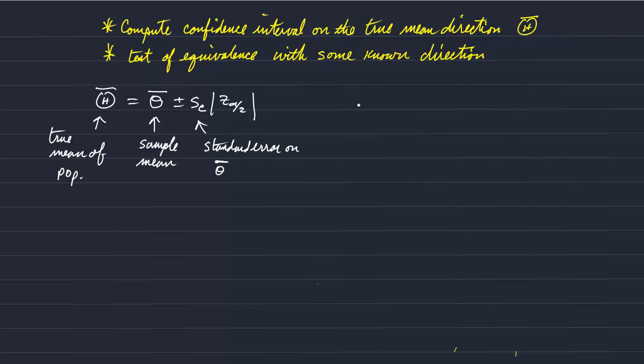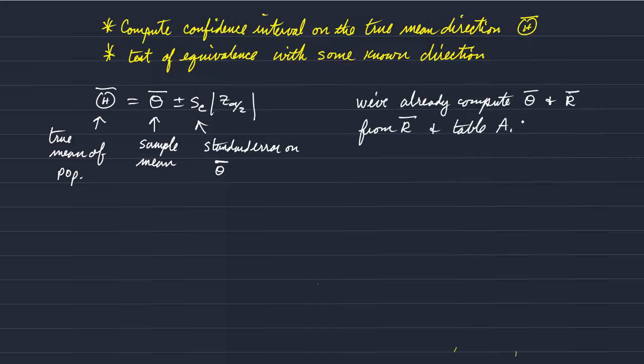So, of course, we've already computed our sample mean, and our normalized resultant vector. So from our bar and table A.9, then we can estimate kappa.